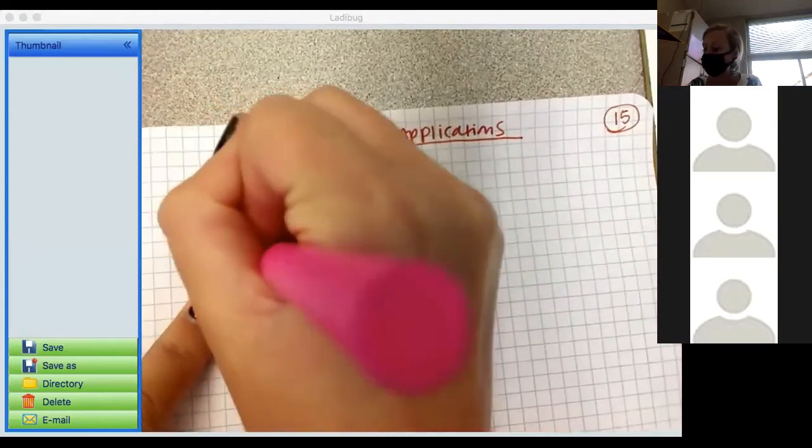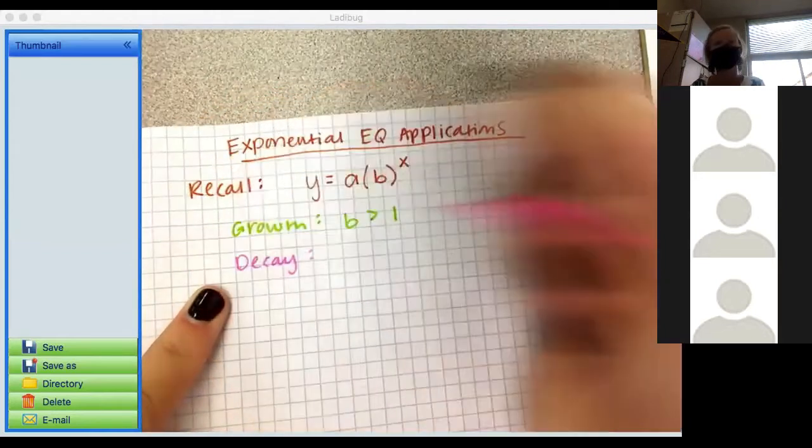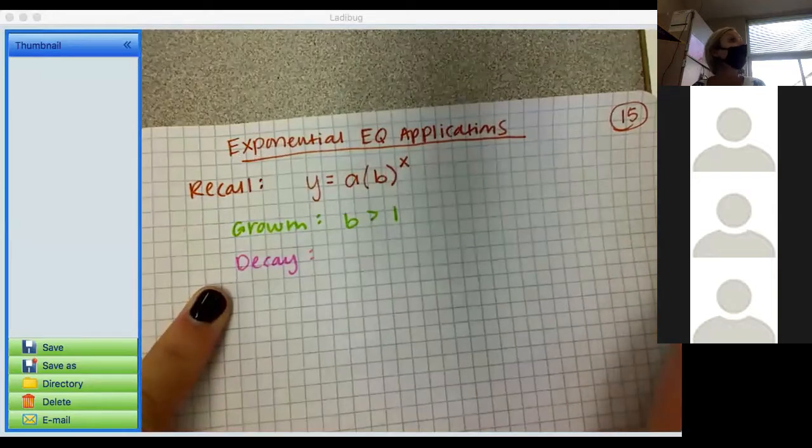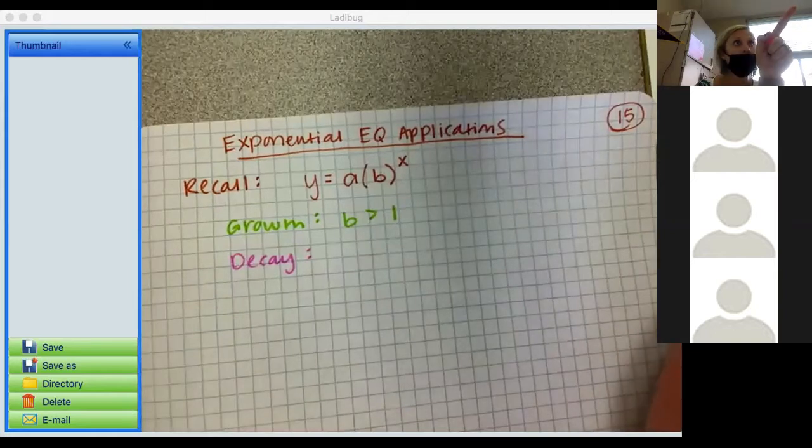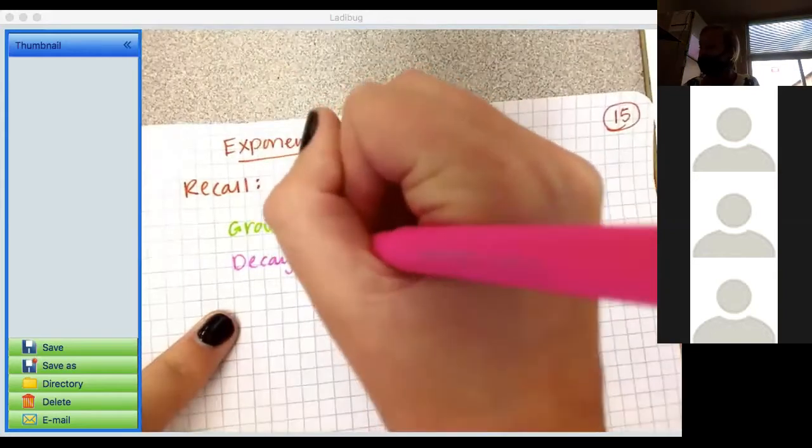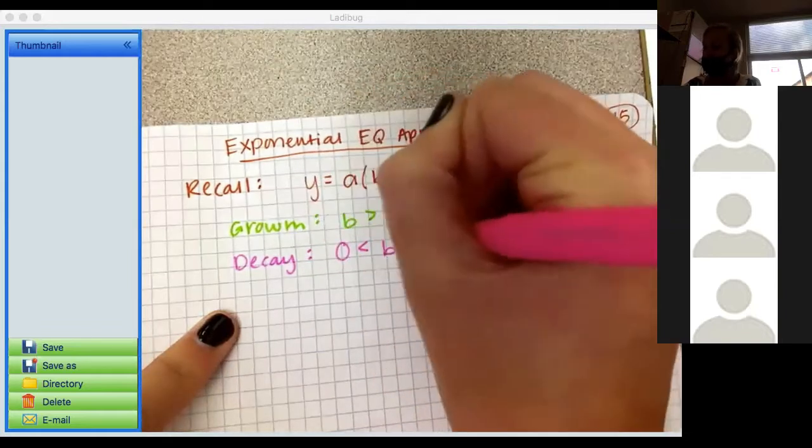If it's decay, what? It's less than 1, but it has to be, what'd you just say? Not less than 0. There we go. It has to be bigger than 0, but less than 1.